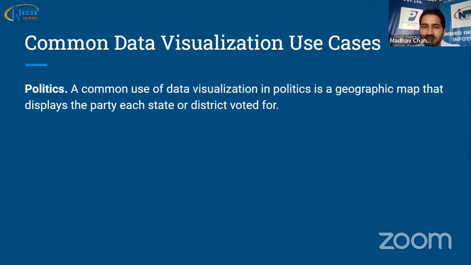Then we have politics. We recently had polls for Punjab, Uttar Pradesh, and many other state assemblies. All the news channels were giving an exit poll visualization, or we can say a trend. That kind of information can also be visualized using data visualization techniques.